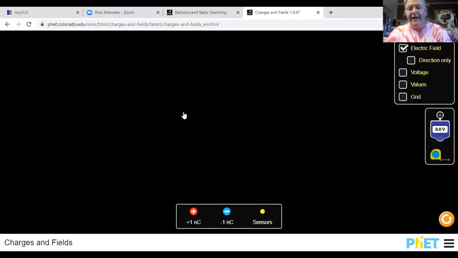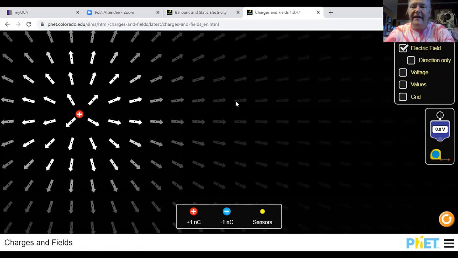For example, if I bring a positive charge out, these arrows indicate the direction of the field. You'll notice they're getting dimmer to show that they're getting weaker. Now, we assign the field direction for a positive charge to be outward. So like sun rays coming out.